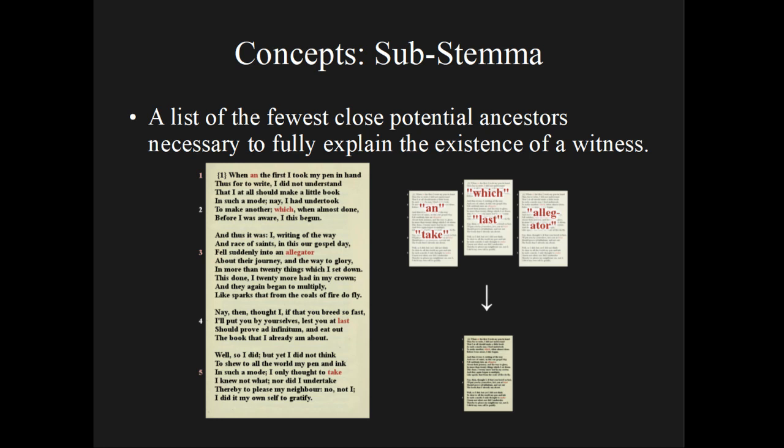It is the local, the close family of manuscripts, the immediate family of texts for the text that we're looking at. And you can see that this is all sort of derived from the concepts that came before it, from pre-genealogical coherence to get us really close to which texts are family with this one in some way.